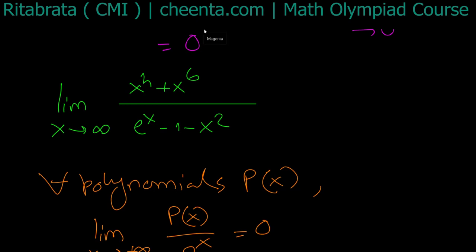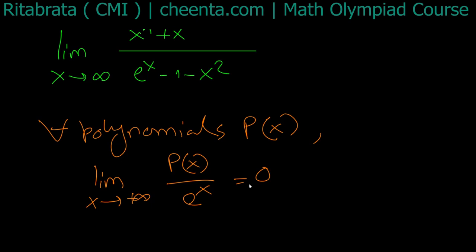We can think of it this way: the growth of the exponential function e to the power x is so large compared to polynomials that this ratio goes to 0. If you keep increasing x, e to the power x increases so fast that the ratio p(x) by e to the power x is almost 0. Exponential functions grow much faster than polynomial functions. To prove that, you can use induction on the degree of the polynomial, or you can just use L'Hospital's rule repeatedly. I'll leave this as an exercise. This is very well known.